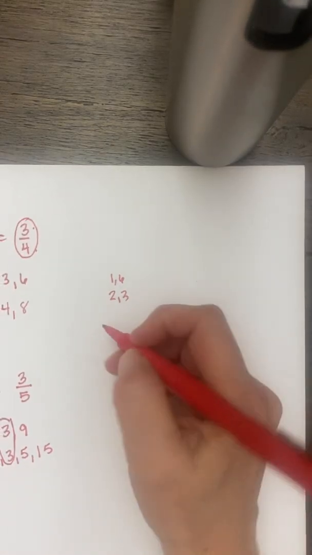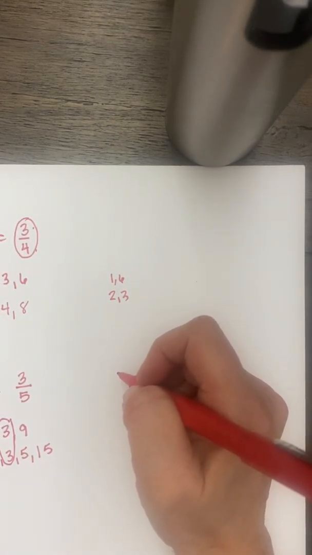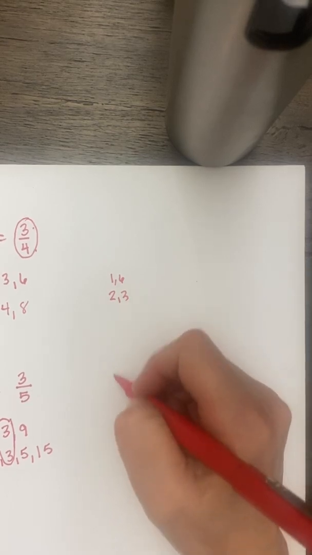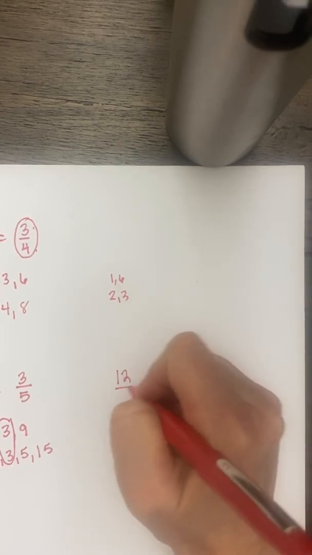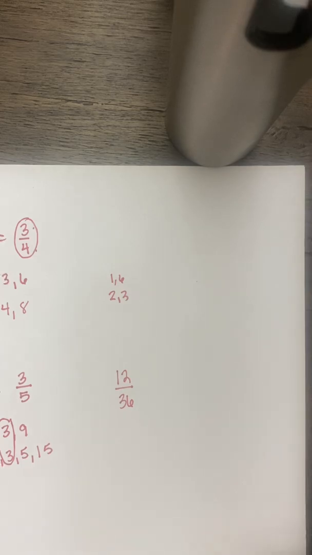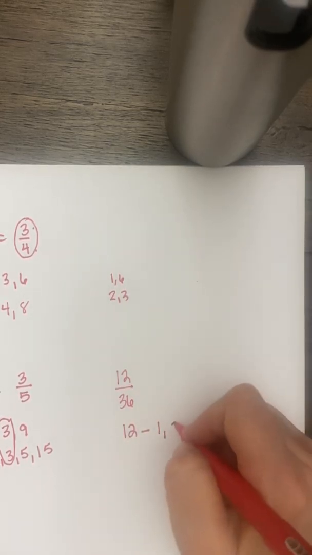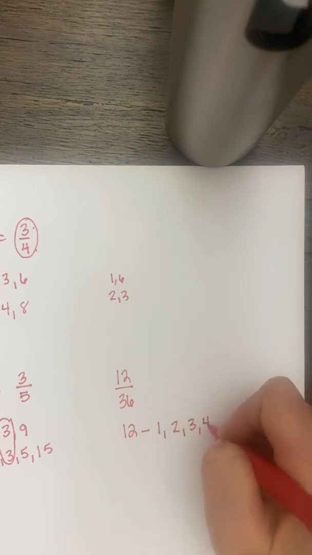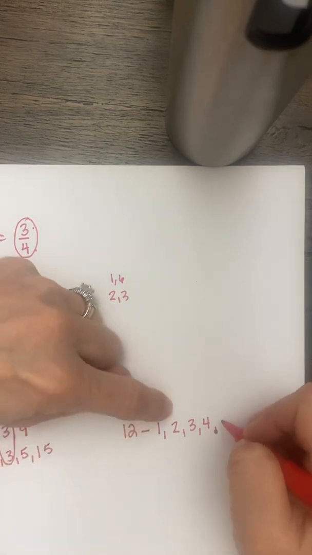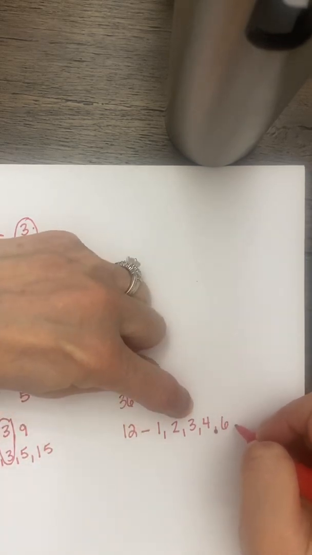Now let's come over here with a numerator and denominator that might have more than one common factor. 12/36. I know that 12 can be divided by 1, 2, 3, 4. 1 times 12, 2 times 6, 3 times 4.